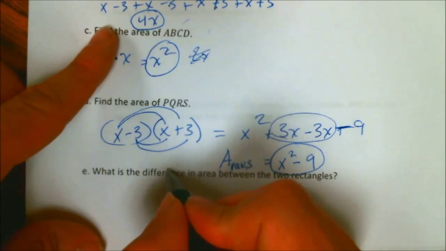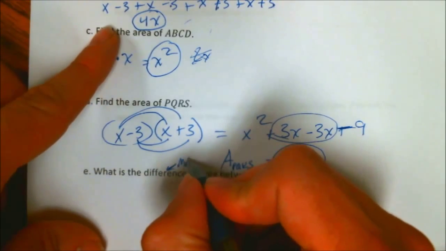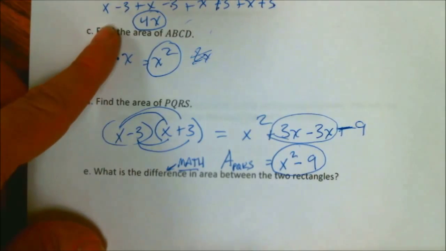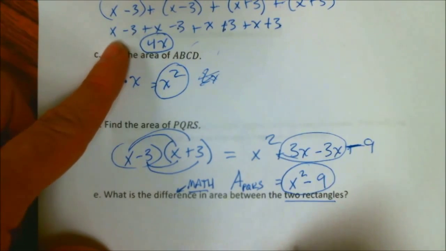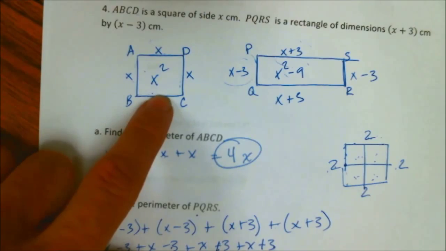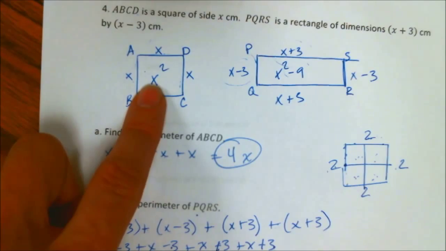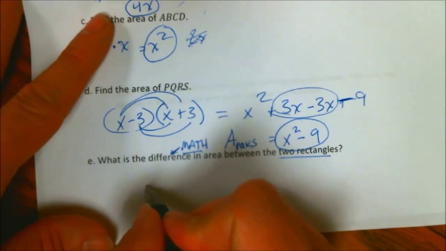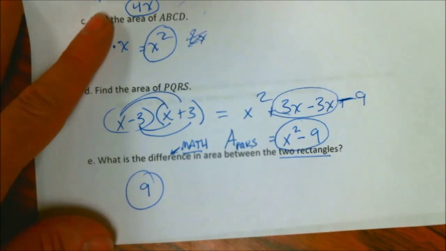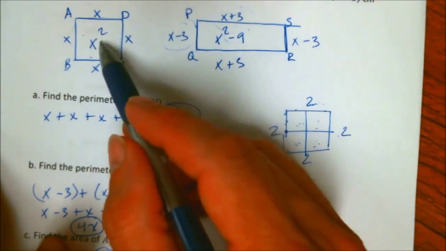You were thinking of difference like a language arts type of difference. I'm talking about the math difference, the mathematical difference. And a lot of you guys said there aren't two rectangles, one of them's a square. Got news for you. Squares are rectangles. They're just a special kind of rectangle whose sides are all the same. Okay? So the truth is, the difference in area is 9. Because this rectangle is 9 smaller than this one.